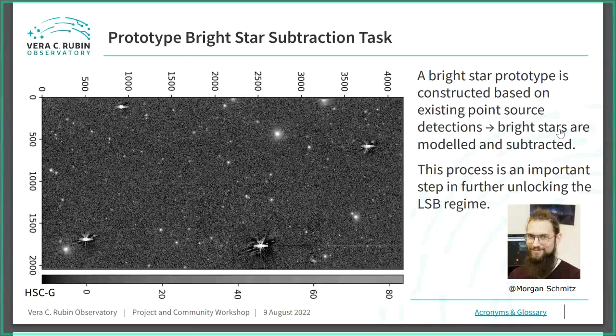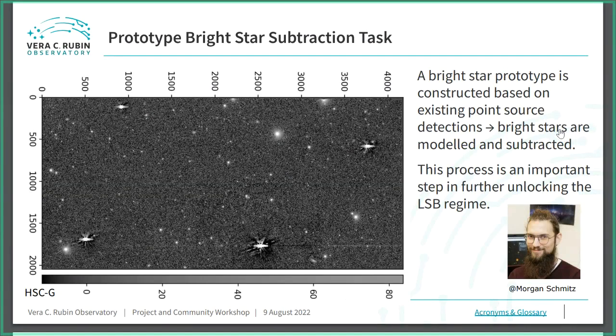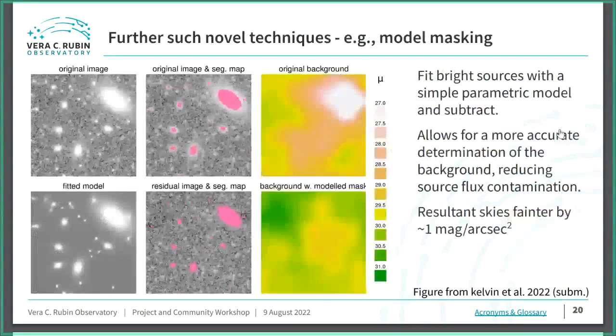There is more work to be done, but the ability to remove not necessarily the cores of these structures accurately, but the wings and halos of these bright sources, and the improvement that has on estimating flux and other properties of sources that lie in the wings of those bright sources, is extremely important and has a huge impact again on LSB science. Next slide, please. One more. There we go.